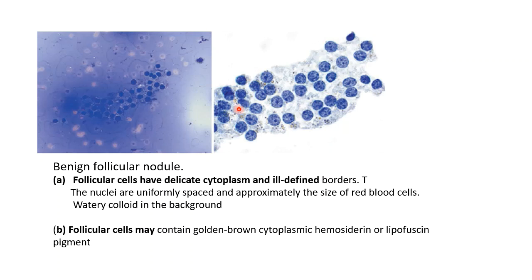Sometimes the cytoplasm can contain hemosiderin or lipofuscin pigment, which looks golden brown. Most of the time it is considered that if this pigment is present, it is a benign follicular epithelial cell cluster. However, this pigment can also be seen in malignant cases. So this is not a sure sign that it is a benign cluster of epithelial cells.